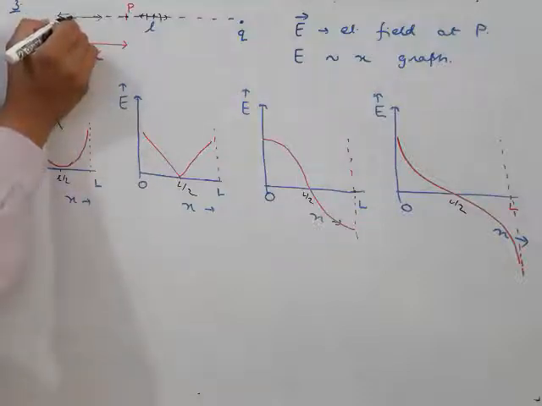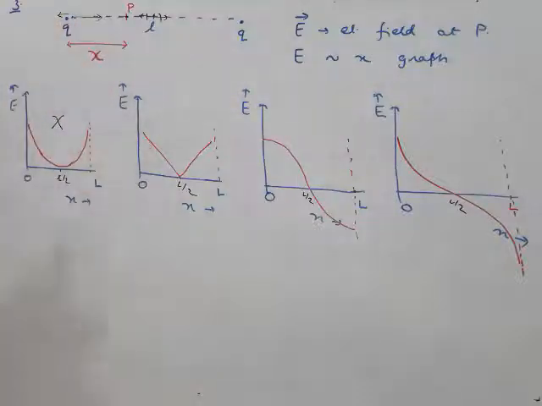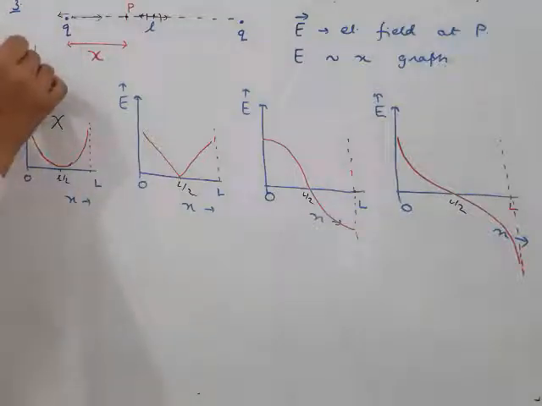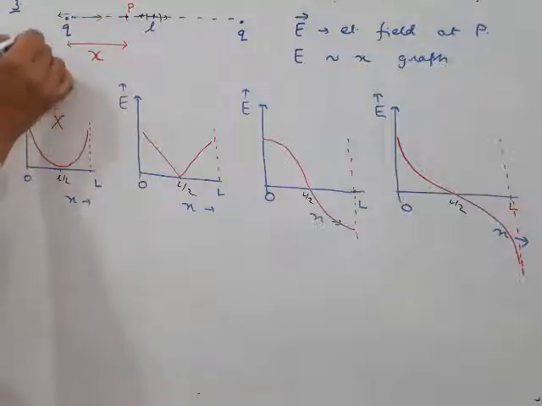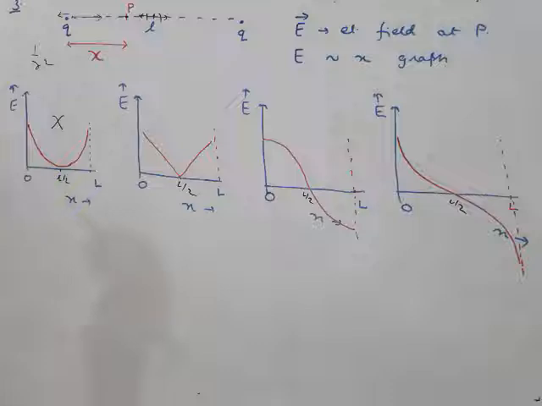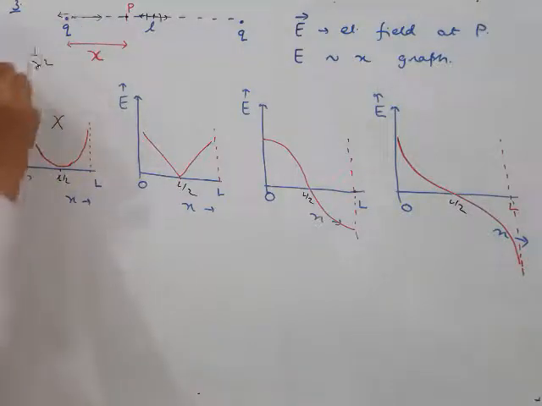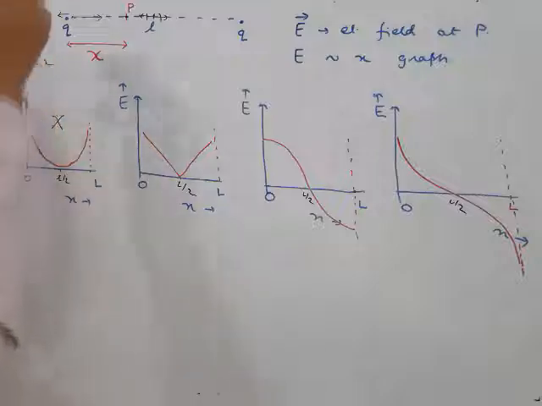Since this point is very, very close to this charge, the value of electric field must shoot up at the locations of points which are very close to this charge, because electric field is proportional to 1 by r square. Now for a point which is very close to Q, R is very small, so 1 by R square will be very large. That gives you a hint that the electric field just near this charge must be quite large.